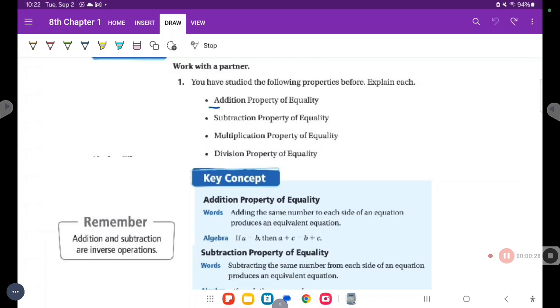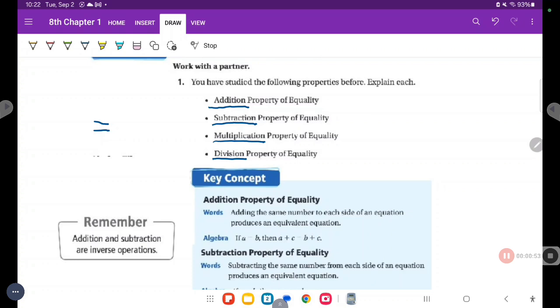The addition property, the subtraction property, the multiplication property, and the division property of equality. Now, what this is talking about is, and you've done this before, whenever we work with algebra, we have this equal sign.